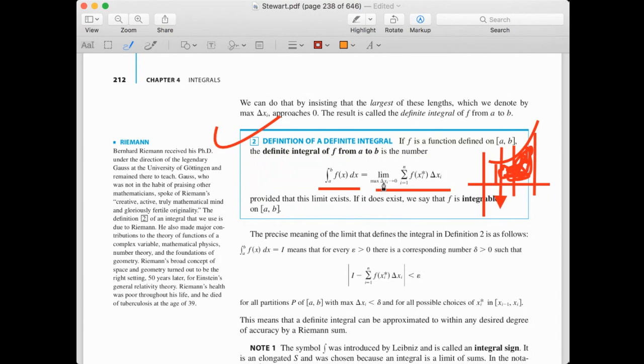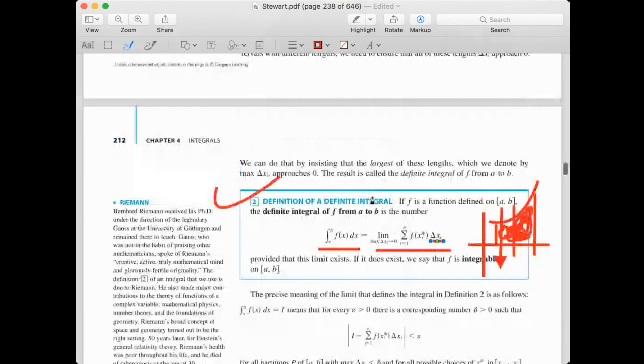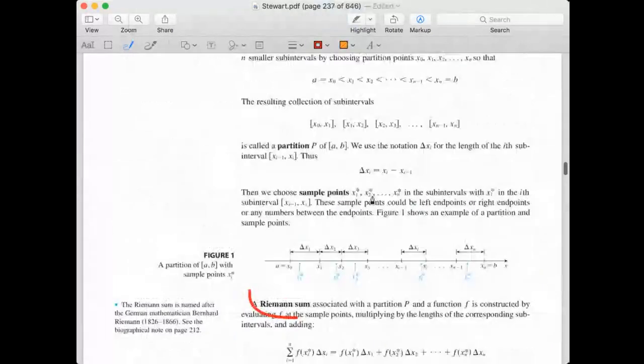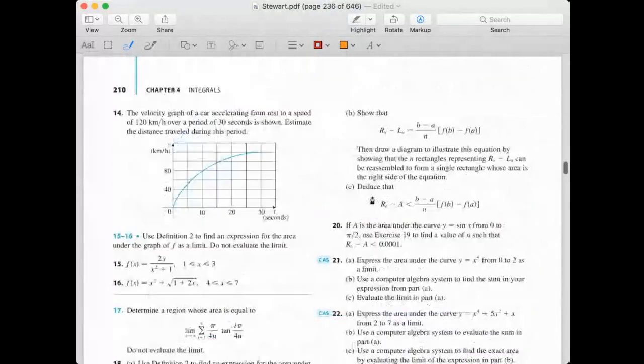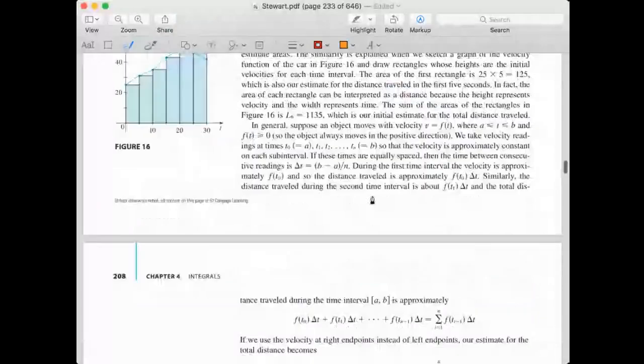This equals b minus a divided by n. You can look at this as 1 over n before, but now we're working with the interval a to b, so it is b minus a divided by n.